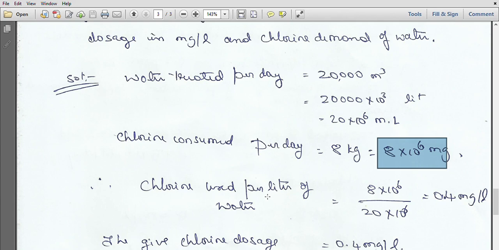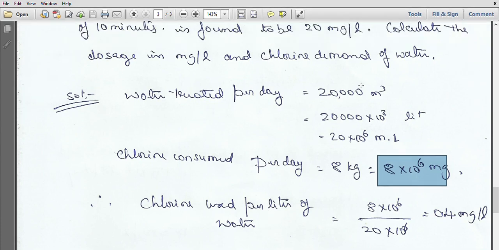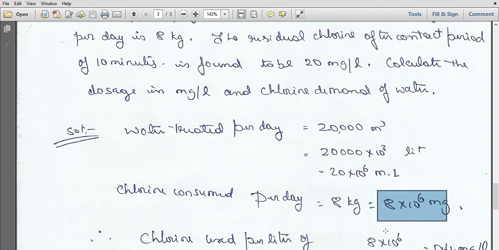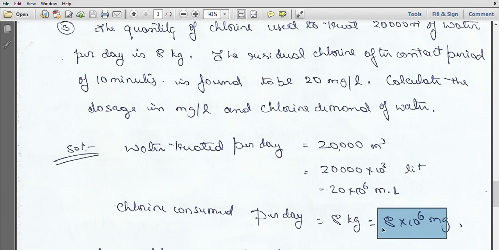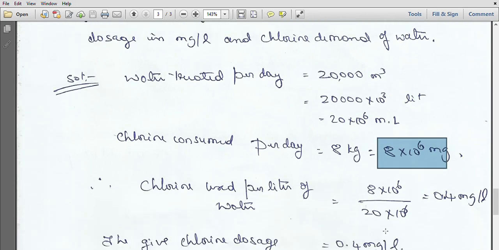The chlorine used per liter of water, how much? It is 8 into 10 raised to 6 divided by 20 into 10 raised to 6. Correct?